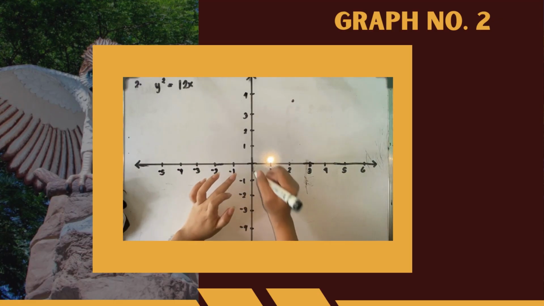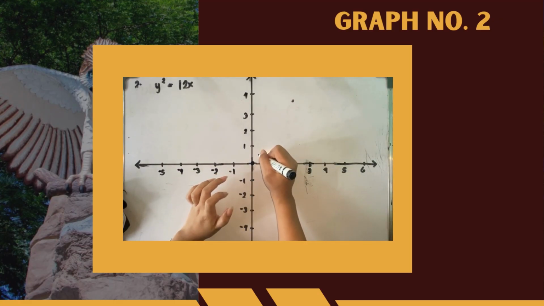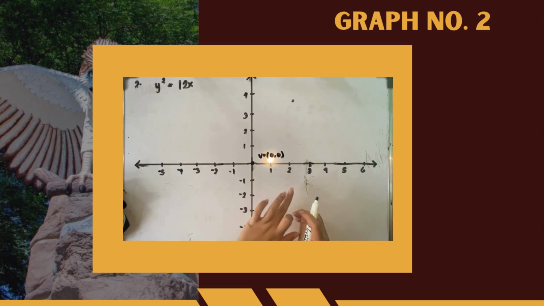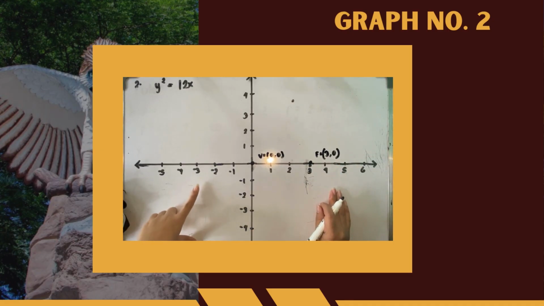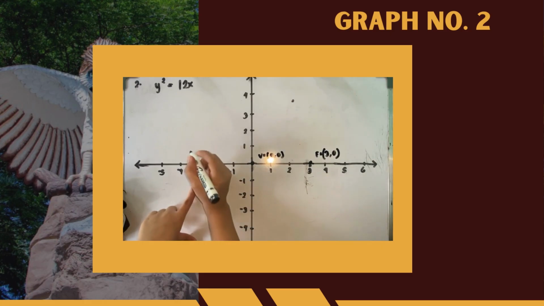So our vertex is 0 and 0. So here, our vertex 0 and 0, and our focus is 3 and 0, and for our directrix, it is negative 3.